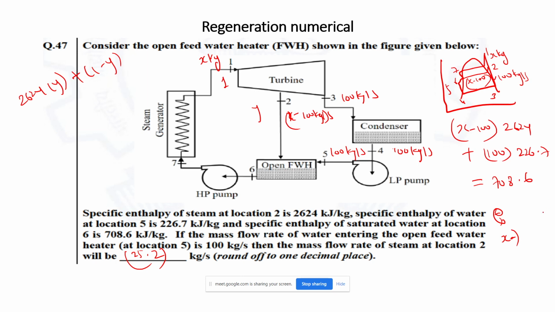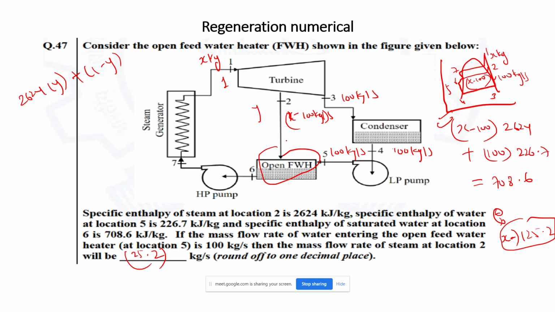What is the value of x you are getting from this? 25.2. No, x you will get, I think, 125.2 here. Means, I used another method. Yeah, all of them are right. Just apply the energy balance only. You have to just apply the energy balance here. You will get the answers.